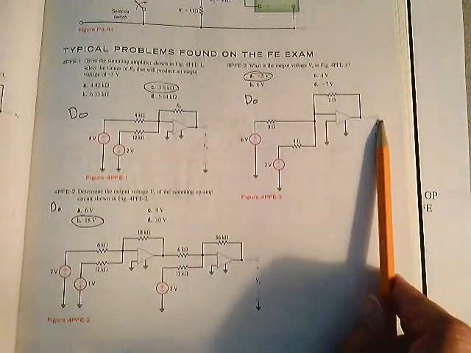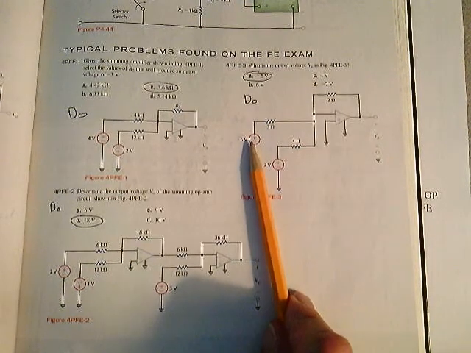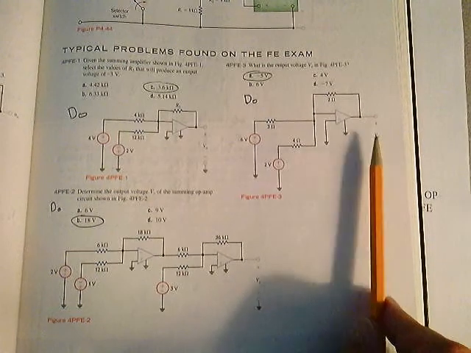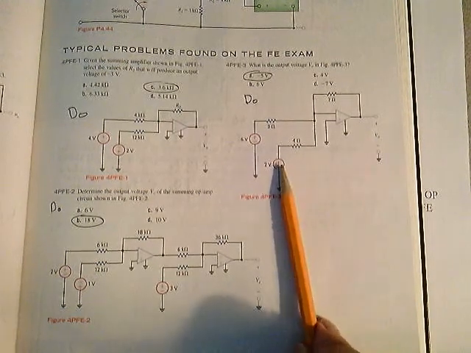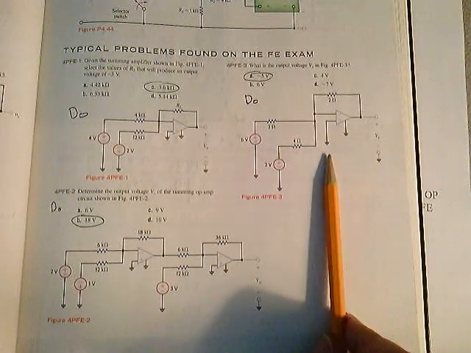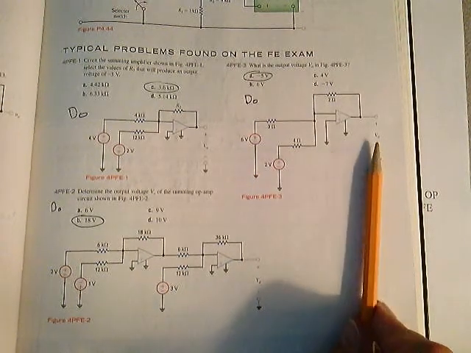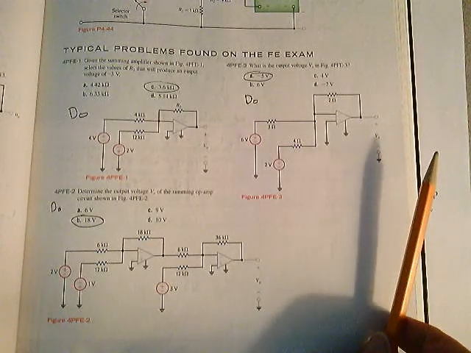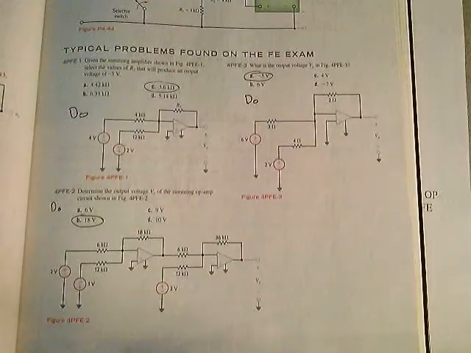Find the output V out prime due to this source, reduce this to 0, and then find output V out double prime due to that, with that reduced to 0, and add the outputs up algebraically. The V out would be equal to the algebraic sum of V out prime and V out double prime. You'll get minus 5 volts.